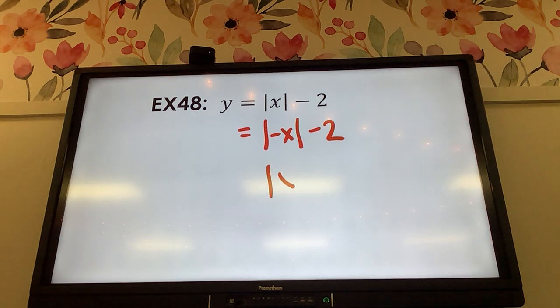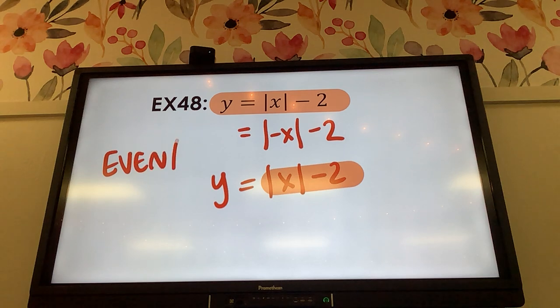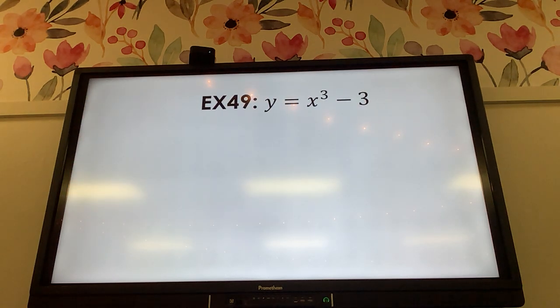X. Then we look, does this guy equal the original function? Yes. Because it equals the original function, we can say that it is even. So these can't be both. Not if it was in y equals. I'm gonna show you one that's both algebraically in a little bit.